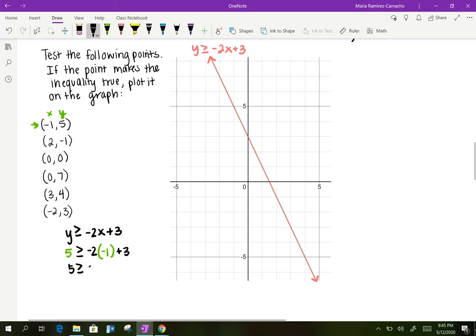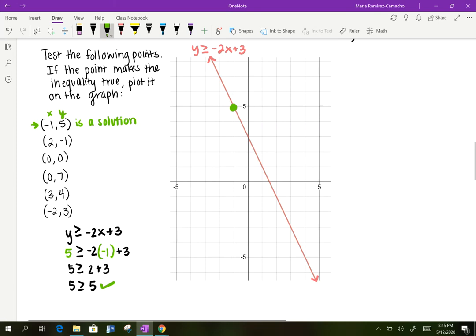Negative 2 times negative 1 is positive 2, and then 2 plus 3 is 5. 5 is greater than or equal to 5 because we have that or equal to piece. So this works, which means that we can graph negative 1 comma 5. This is a solution. Let's plot that point, negative 1 comma 5, right there.